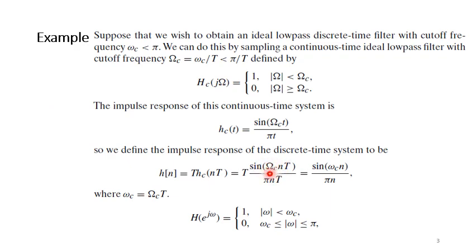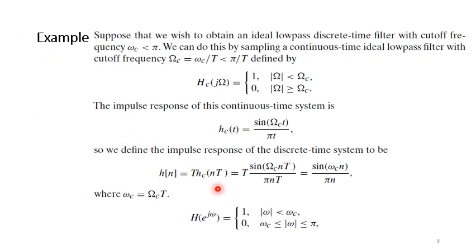So we can write this as sine of small omega c into n, right? And because this T cancels with this one, you get the equivalent response for the low pass filter in discrete time.